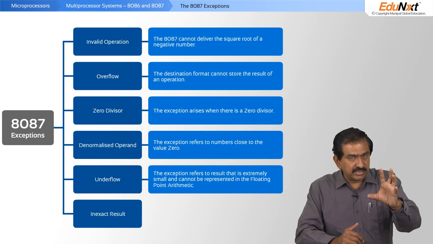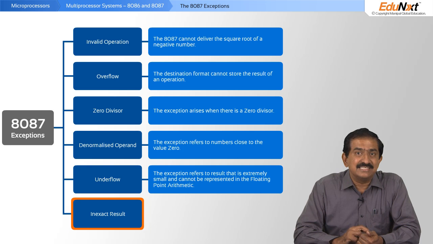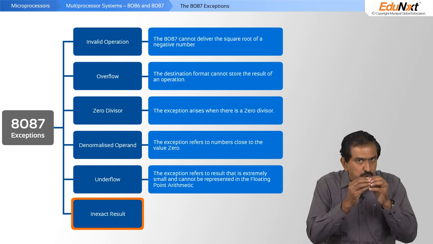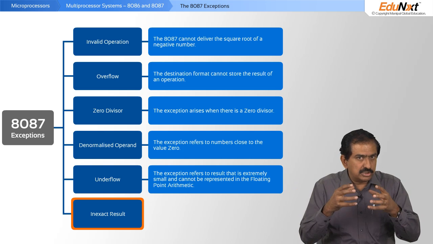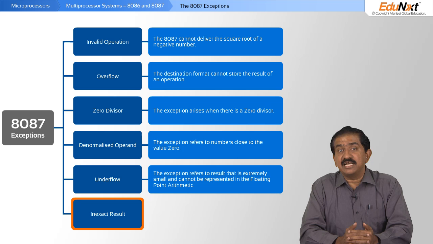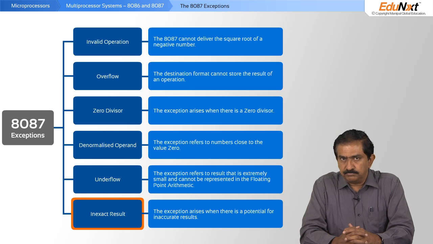The last kind of exception that the 8087 can deliver is something called an inexact result. This is because during the operation, during the execution of the floating point arithmetic, the 8087 has decided that there is a potential for inaccuracy.